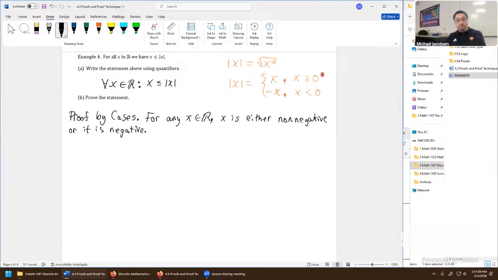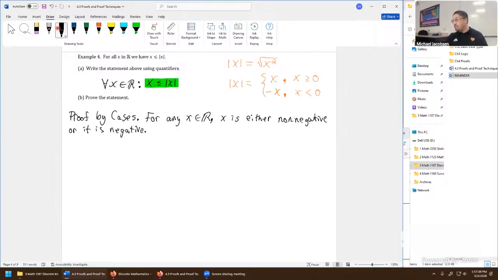We know intuitively that's a true statement about the real number system. There's no middle ground here. If we're talking about negativity, you're either negative or you're non-negative. So that's our two different cases in the absolute value function. Now we'll just look into each statement. We'll start maybe with non-negative, then do negative as the second case. But we have to prove the original inequality, this right here, in both of the cases.